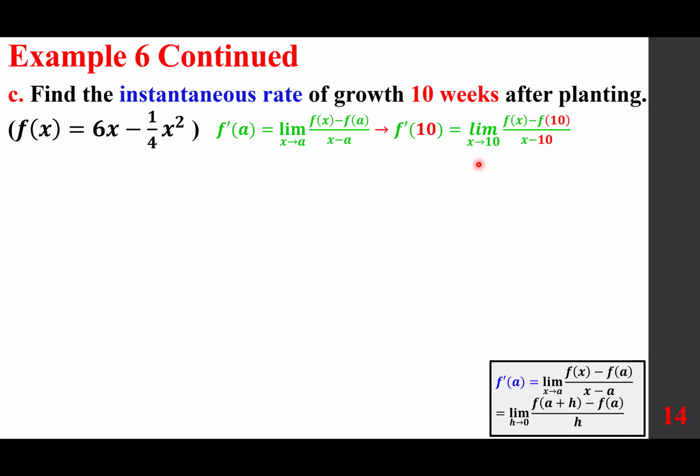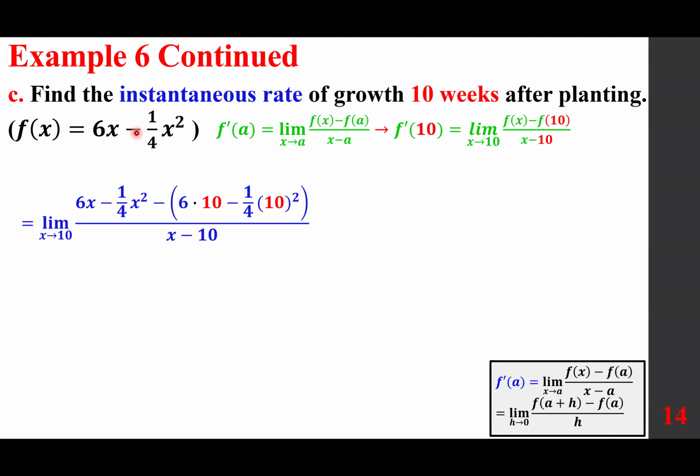So the limit as x approaches 10, the denominator is x minus 10. What is f of x? You put this function, minus what is f of 10? You plug in 6 times 10 minus 1/4 of 10 squared. And basically, we have to simplify the numerator. That's why sometimes people simplify this and then apply the limit at the end.